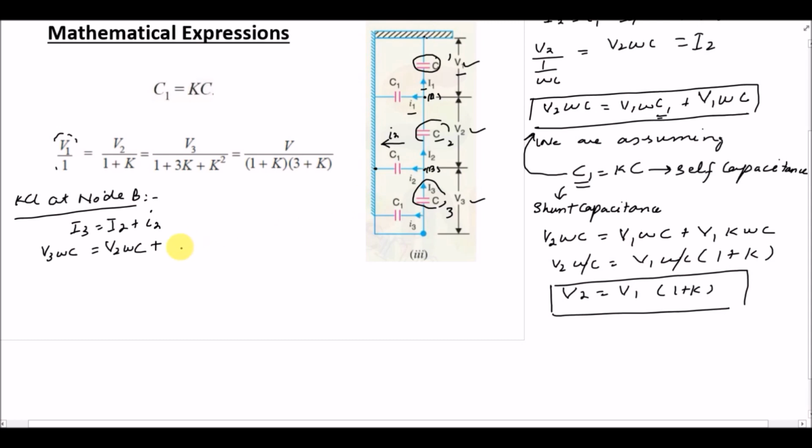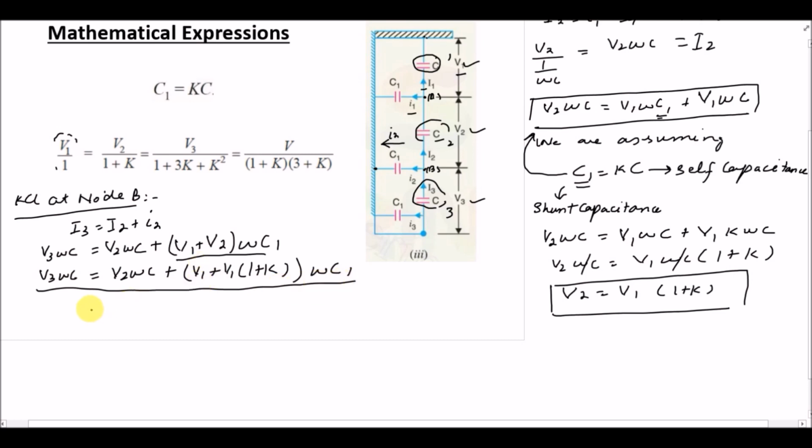That is V1 plus V2, times omega C1. So this is your current I2. After solving, this will become V3 omega C is equal to V2 omega C plus V1 into 1 plus K omega C1.